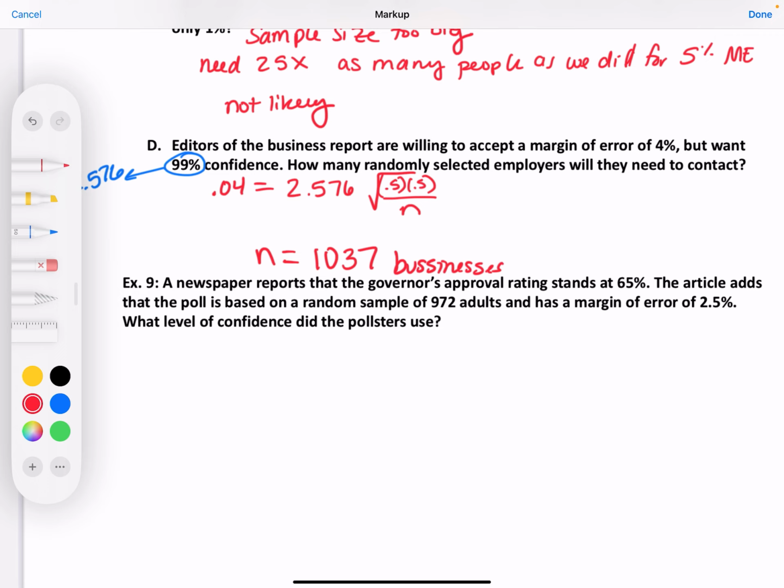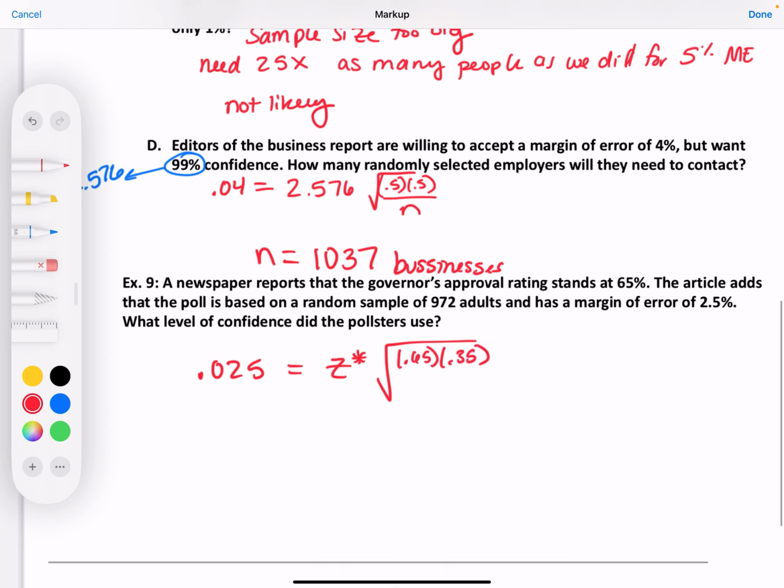Margin of error 0.025 is equal to z star, which is what I don't know because that's the confidence level, times the square root of 0.65 times 0.35 divided by n, which is 972. So basically, you need to find this number and then divide 0.025 by that.